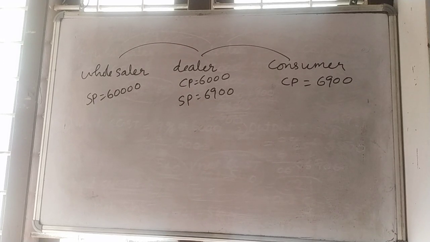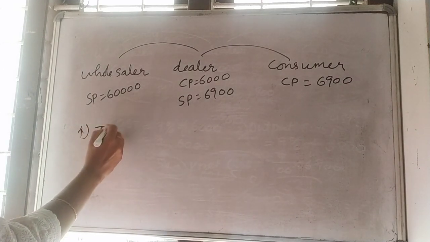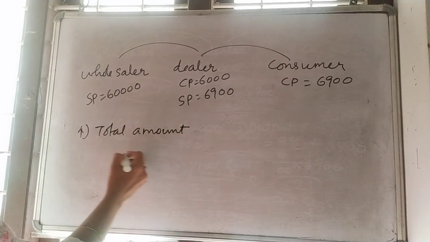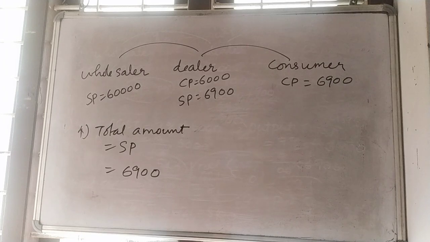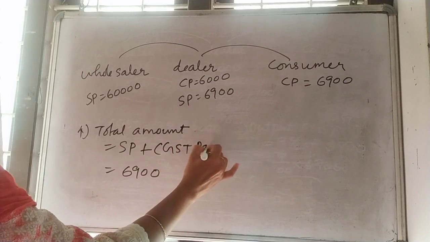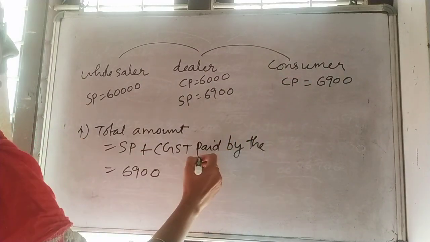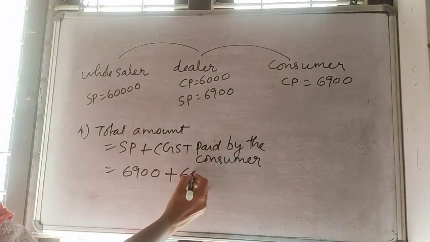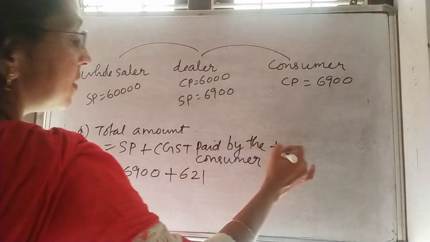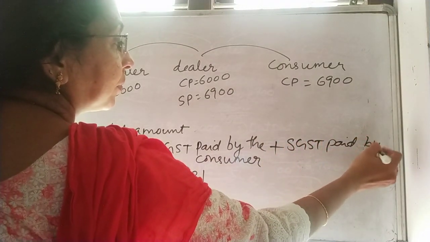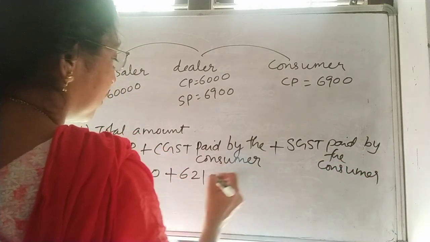Total amount paid by the consumer will be the selling price of the dealer, that is 6,900, plus CGST paid by the consumer, which we got as 621, plus SGST paid by the consumer, that also will be plus 621.